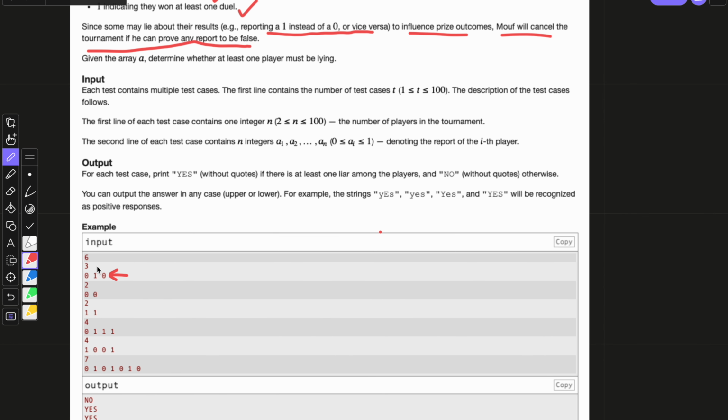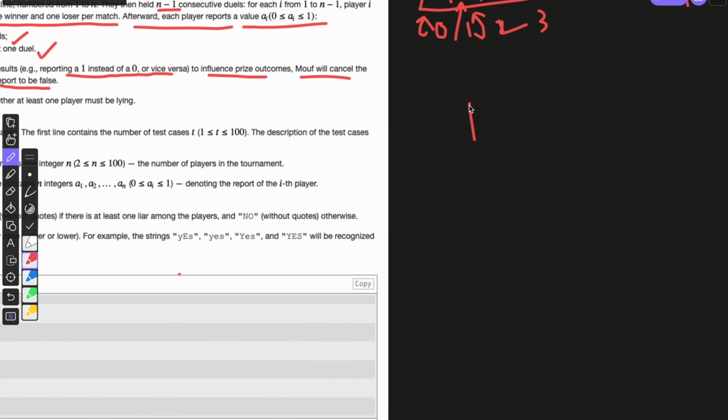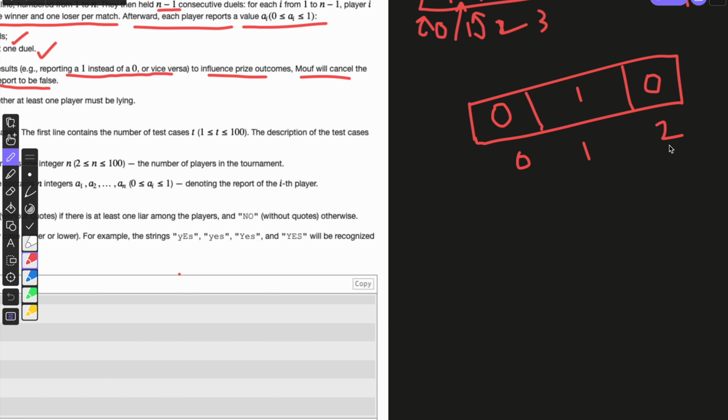The first line indicates the N, which is the number of players, and the next is the array A. So in the first test case, we have 3 players reporting their win or lose: 0th player, first player, and the second player. So how to know if someone was lying or not?